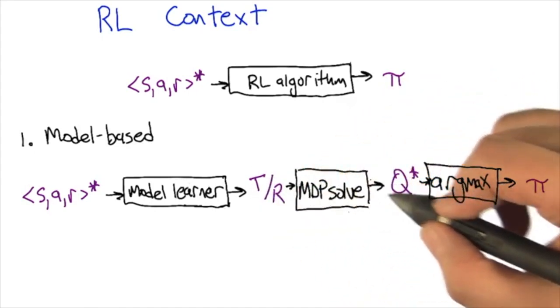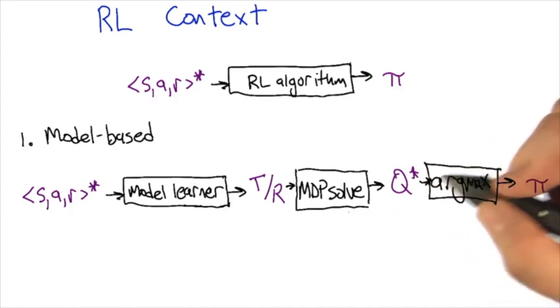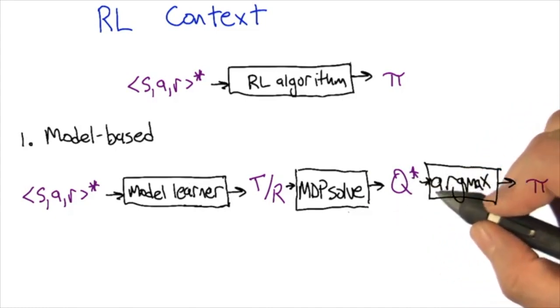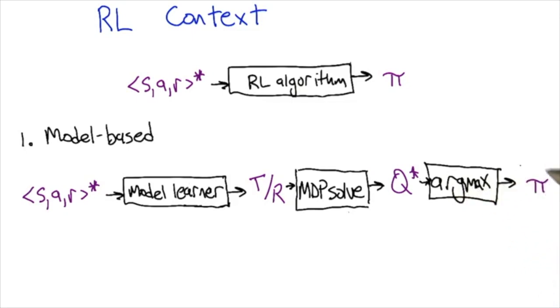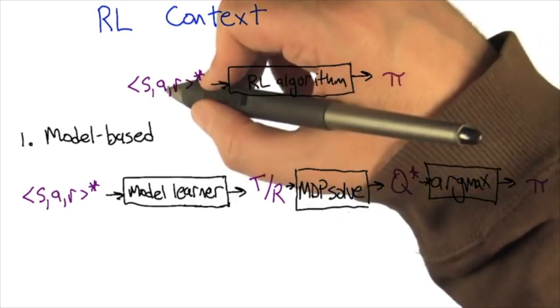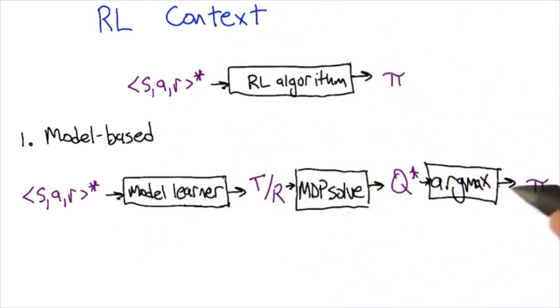Once you've learned those, you could put them through an MDP solver, like we've talked about, which could be used to spit out a Q star, an optimal value function. And once you have the optimal value function, just by taking the argmax for the state that you're in, you can choose which action you should take in any given state, and that gives you the policy. So it's still mapping the state action reward sequence to policies, but it's doing it by creating all these intermediate values in between.